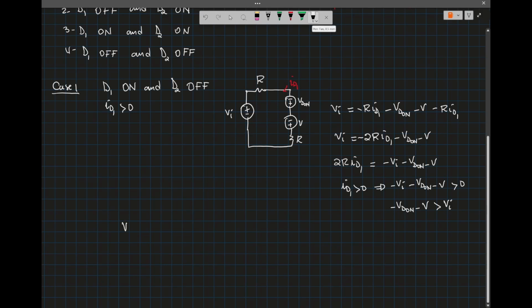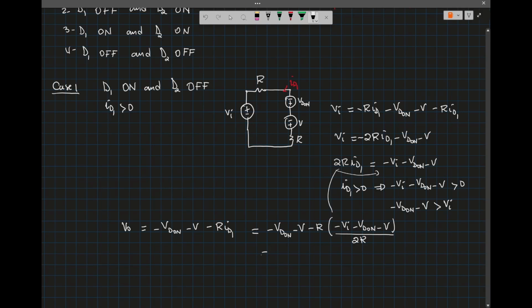V out will be equal to negative VD on minus V minus R ID1, which is minus VD on minus V minus R times minus VI minus VD on minus V, divided by 2R.